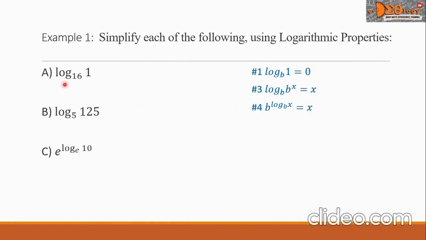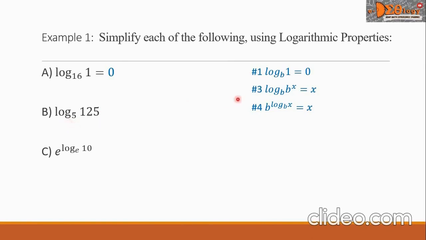For letter A, the log of 1 to base 16, we're going to use property number 1. It says here, for any base, and we're going to get the log of the number 1, the answer is always 0. So this is equal to 0. I will go to problem B. The log of 125 base 5.